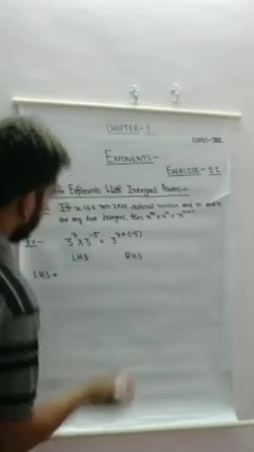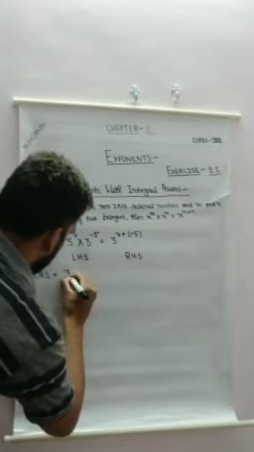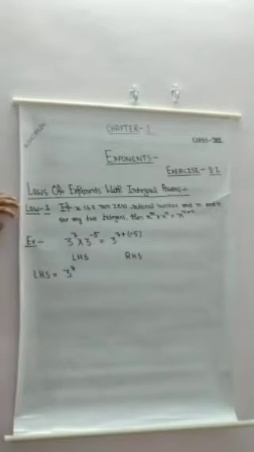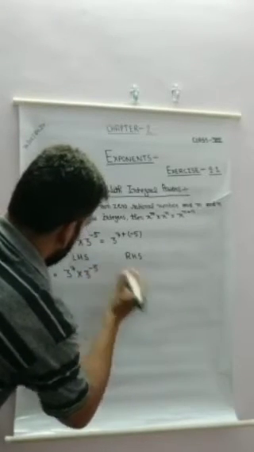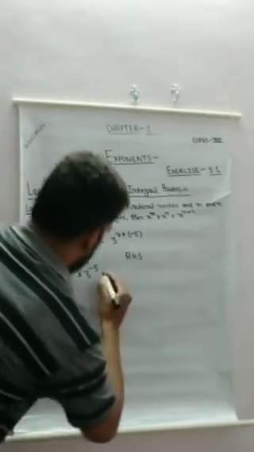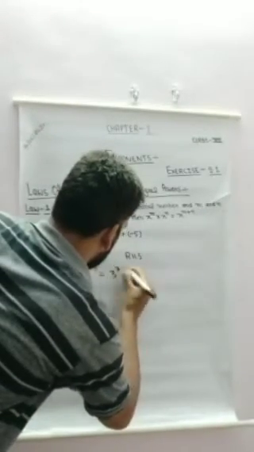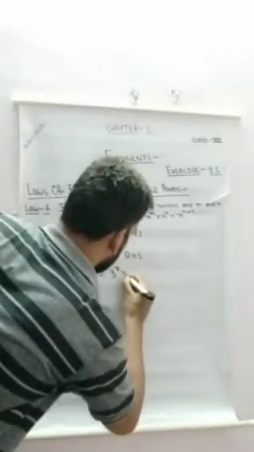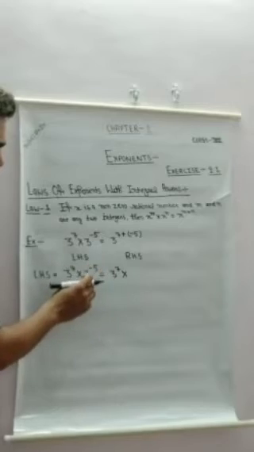LHS is equal to 3 raised to the power 7 into 3 raised to the power minus 5, which is equal to 3 raised to power 7 into 3 raised to power minus 5.